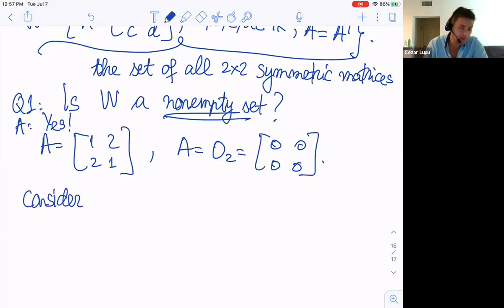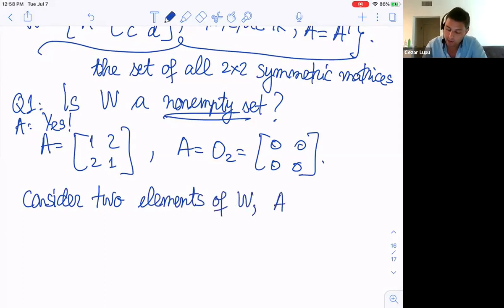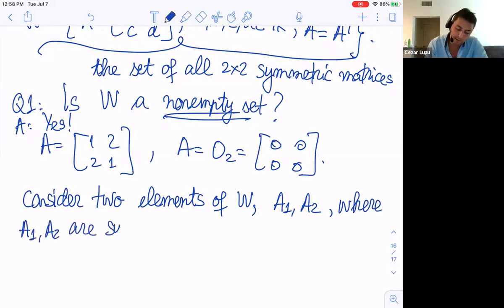2 elements of W, let's say A1 and A2. I denote them like this because these 2 elements are matrices. Keep that in mind. They're symmetric matrices.